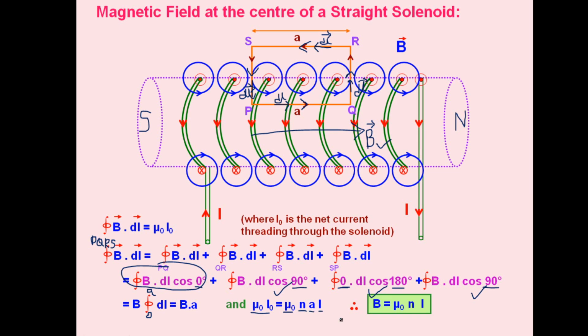This is the actual formula. So equating it in place of mu naught I naught, we have taken B into a. So a and a cancelled, and mu naught n i is the result obtained. You can note it down as required. n is the number of turns per unit length, a is the length of the path, and i is the current passing through the solenoid.